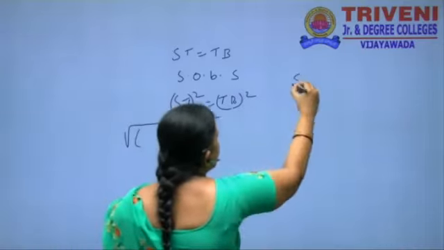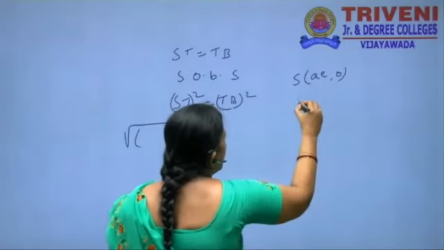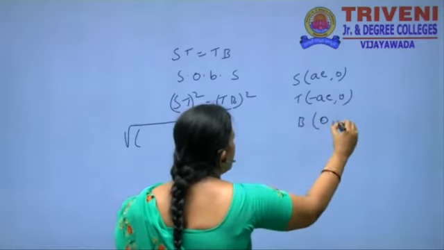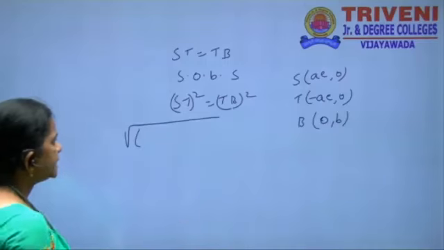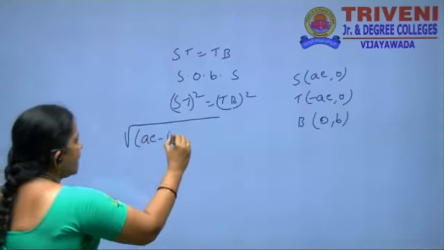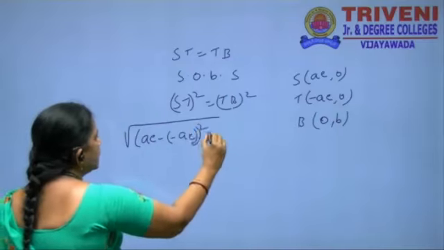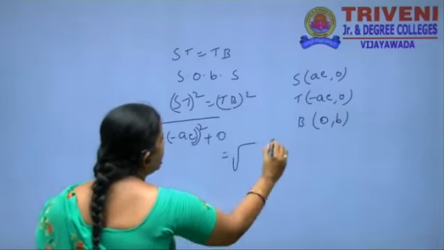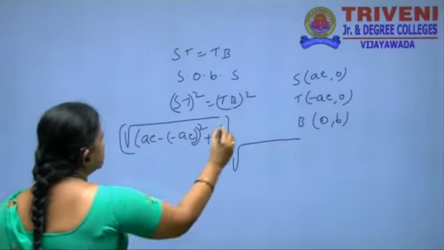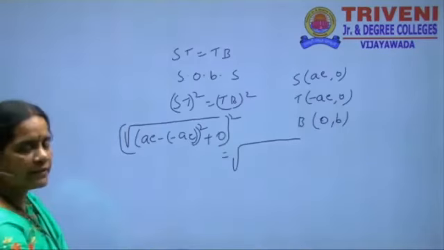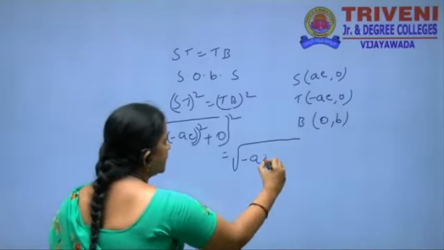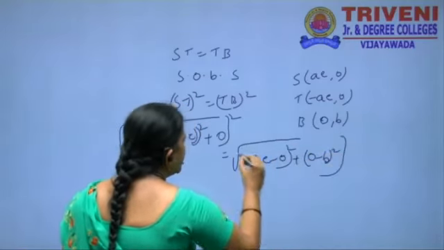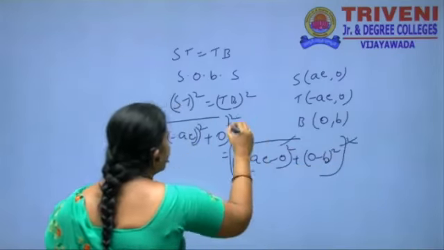The value of S is AE comma 0, T is minus AE comma 0 and B is 0 comma b. ST is AE minus of minus AE whole square plus 0 minus 0 whole square, which is 0. TB whole square is minus AE minus 0 whole square plus 0 minus b whole square. Here the square and root get cancelled.